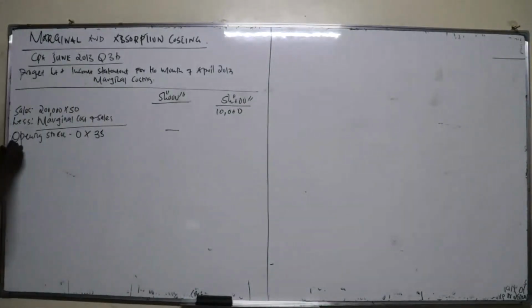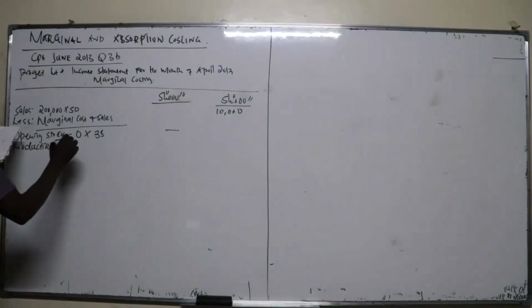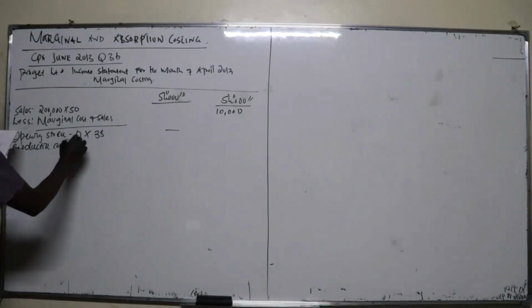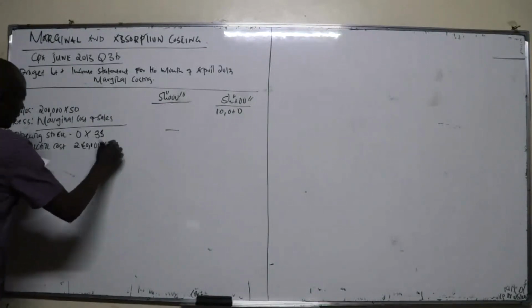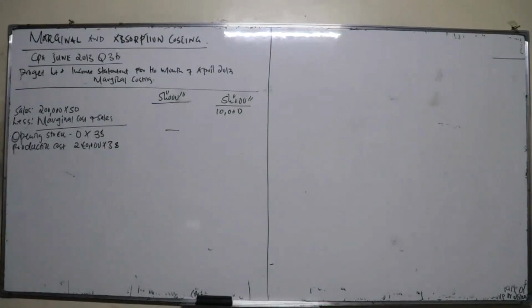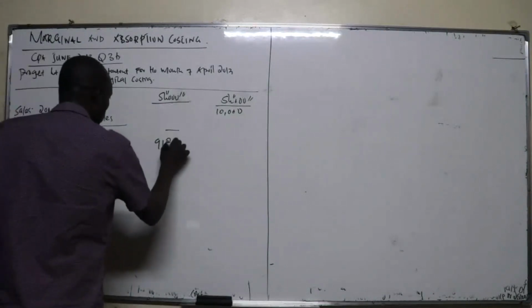Then we have production cost. They produced 240,000 units, so 240,000 units you multiply by 38. What do you get? 240 times 38? 9120. That one will be the production cost.